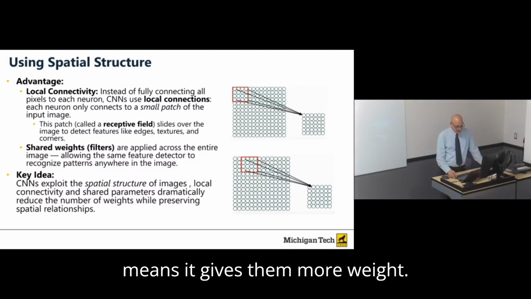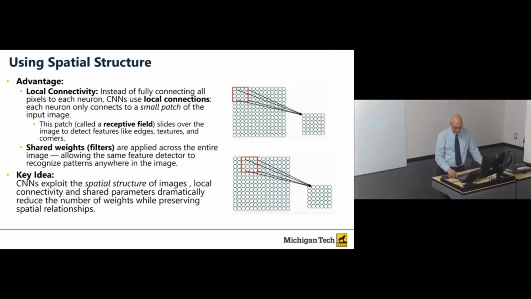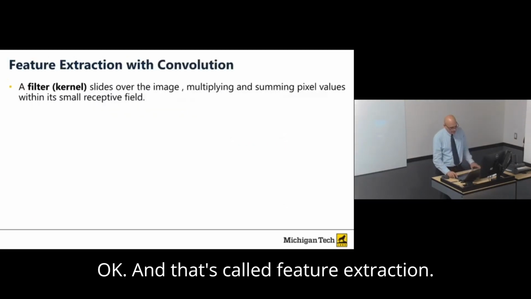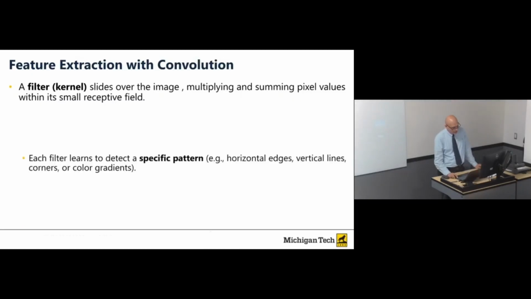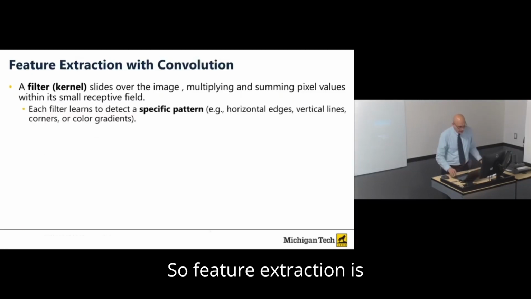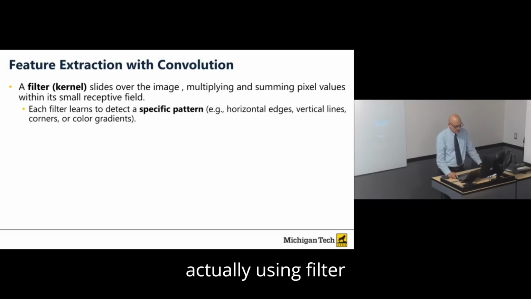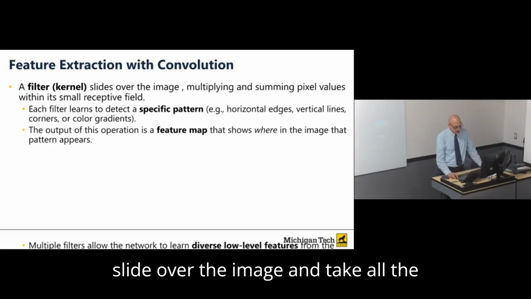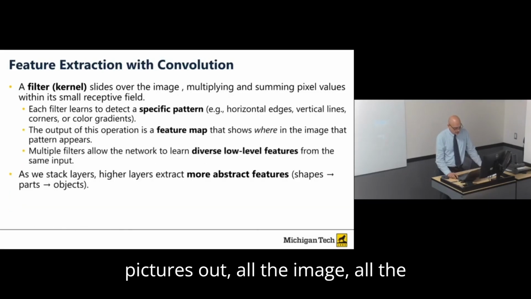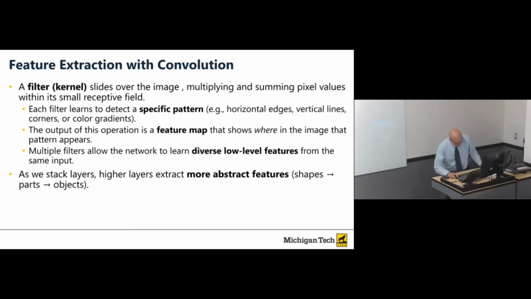Taking it out means giving it more weight. That's called feature extraction. Feature extraction uses filters or kernels to slide over the image and take out all the specific patterns.